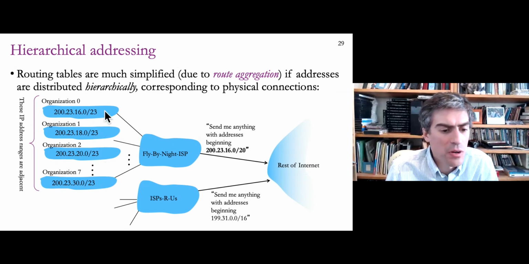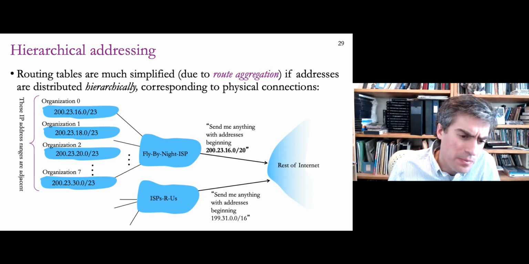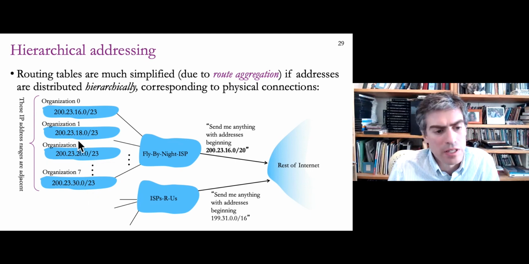You can tell that it's broken into 8 pieces because by adding 3 to the subnet prefix length, we add 2 to the 3, which is 8. We break it into 8 pieces. And you have to do a little bit of math to figure out the correct starting points for the later organizations.